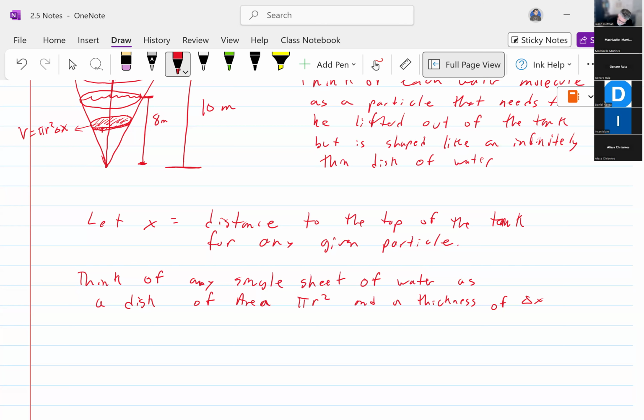So the volume of any single disk, we'll say any single sheet, is V equals pi r squared delta x.